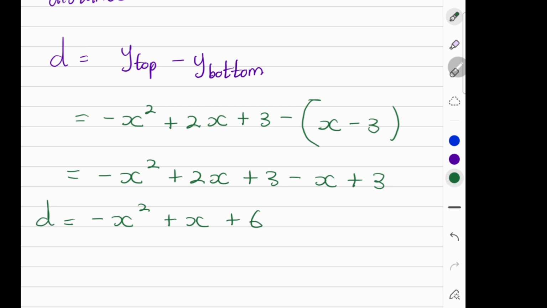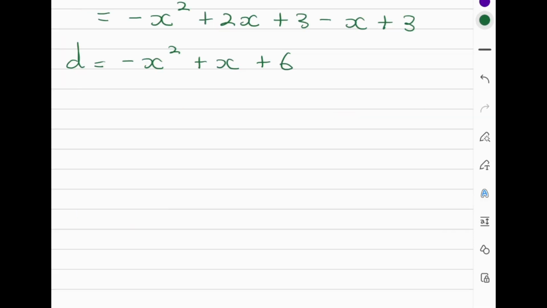Now remember that we want to find the maximum distance. So when you think about maximums and minimums, you can think about the first derivative. So at this point, we can take the derivative of this distance here. Let me call this capital letter D. The derivative of the distance with respect to x, right?